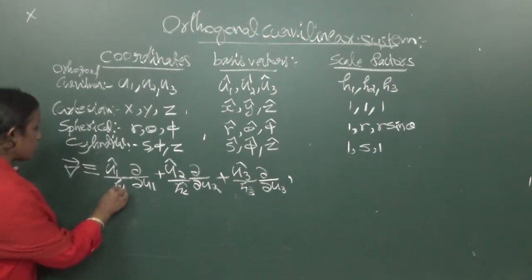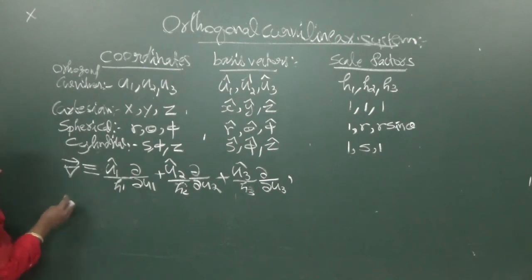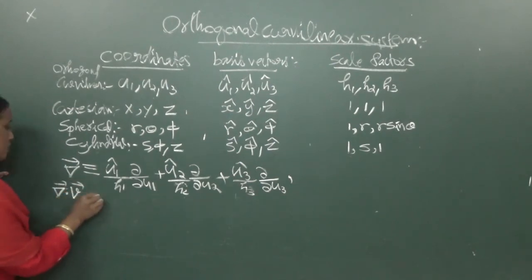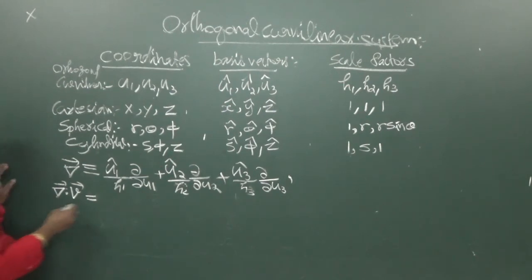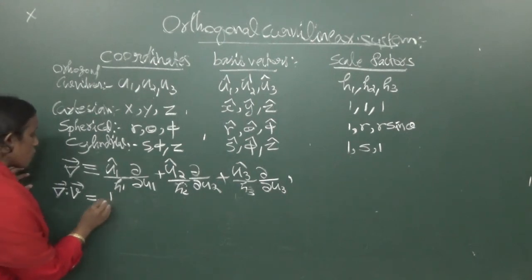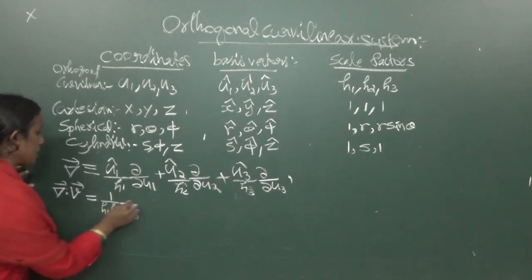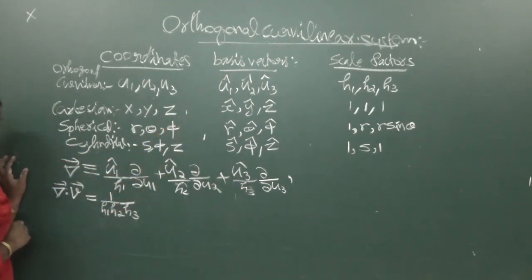Similarly, you can write the divergence operator here. Del dot v, the divergence operator. Then you have one by h1, h2, h3, all the scale factors multiplying.